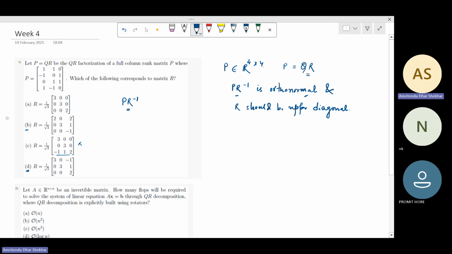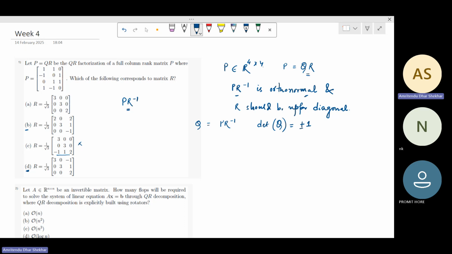Suppose you don't want to explicitly compute the inverse, then there could be a possible shortcut, which is as follows. If Q is equal to P times R inverse, then you know that the determinant of Q should be equal to plus or minus 1.